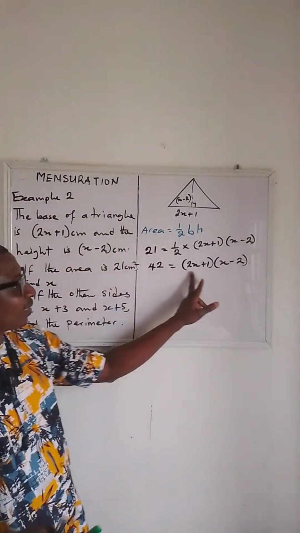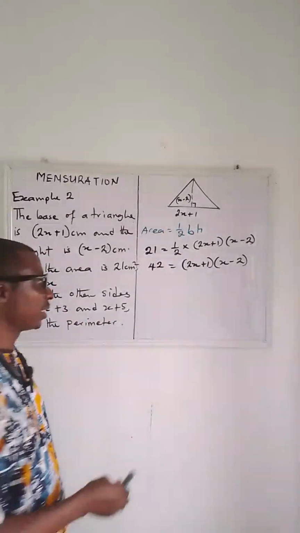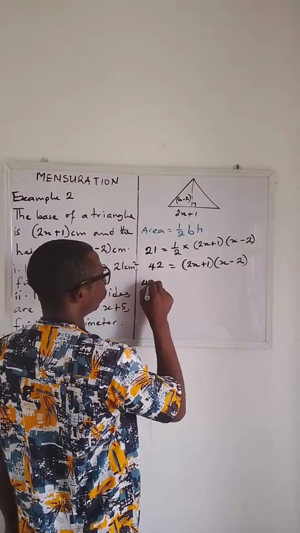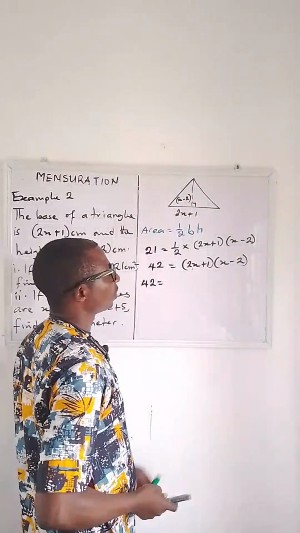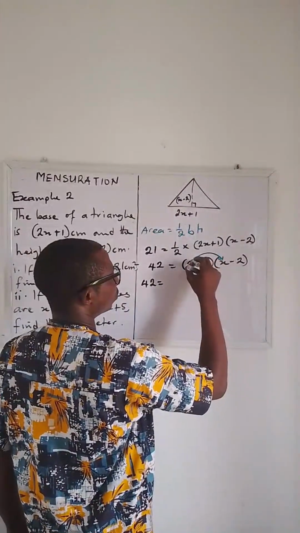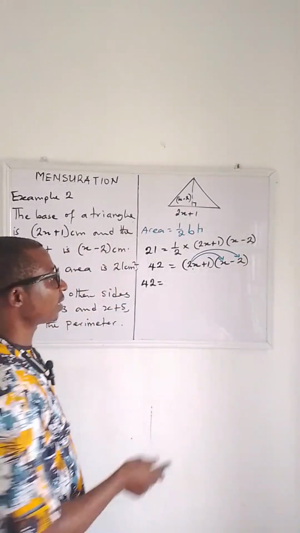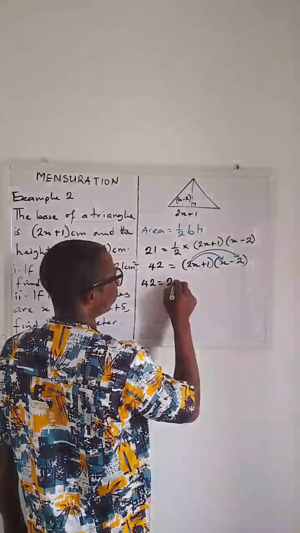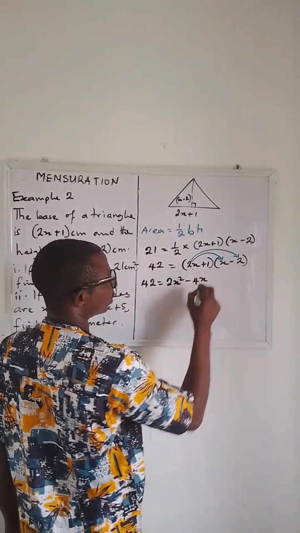So now what's the next thing? The next thing is to find a way of expanding this. So let's expand. We have 42 equals to, now this 2x multiplies this and also multiplies this. So 2x times x, we have 2x squared. 2x times negative 2, we have negative 4x.